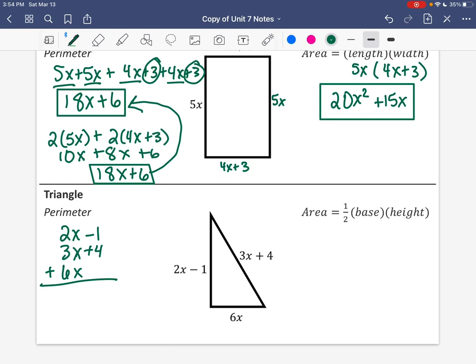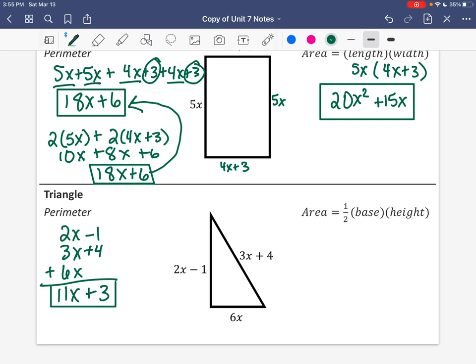So you've got 2 plus 3 plus 6 is 11x, and then you've got negative 1 plus 4 is plus 3. So that would be your perimeter of that triangle.